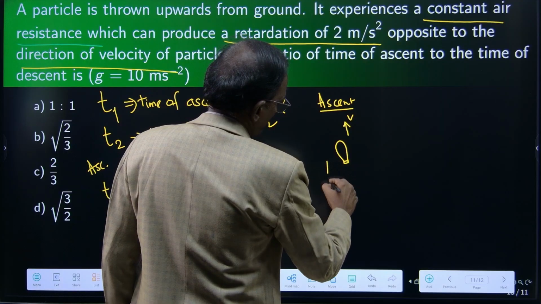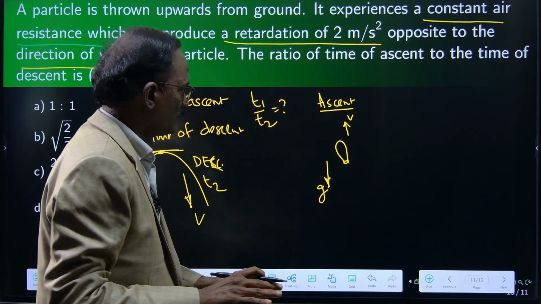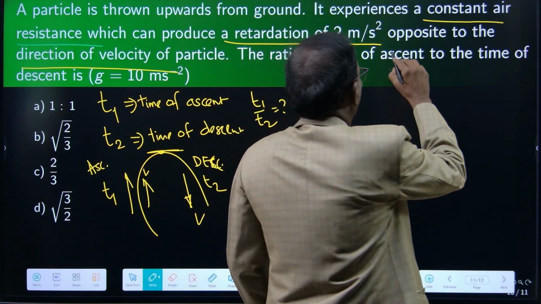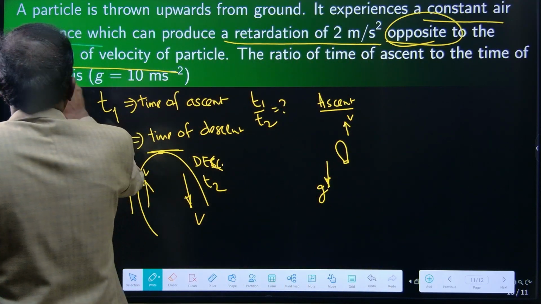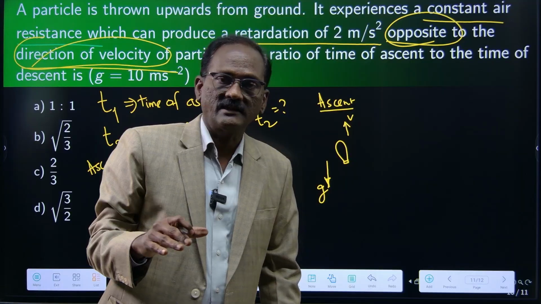Then this is g, which always acts downwards. Look at the word here, opposite to the direction of velocity, because this is retardation, negative acceleration.